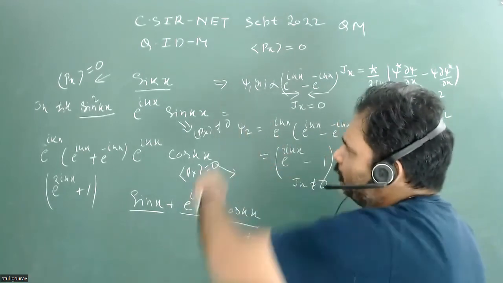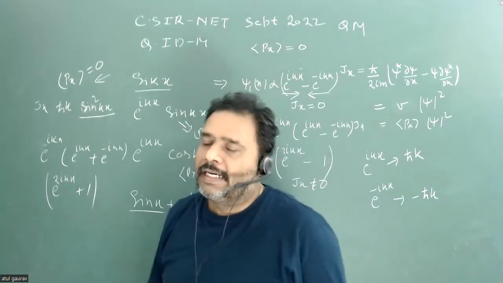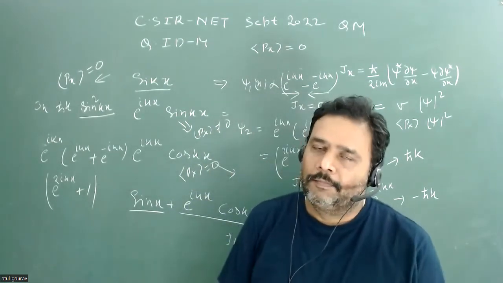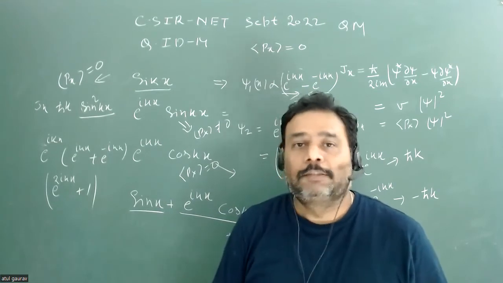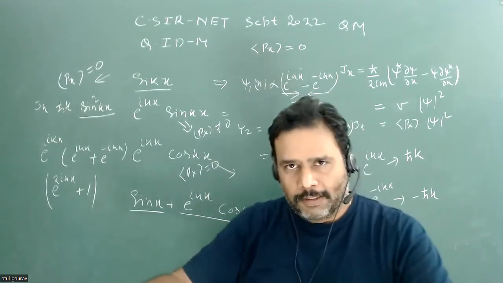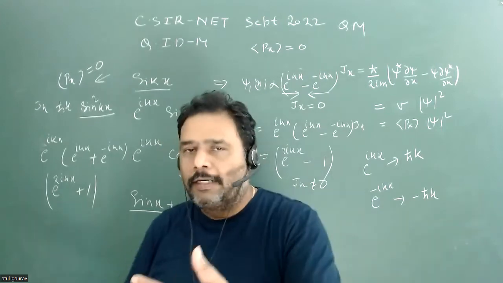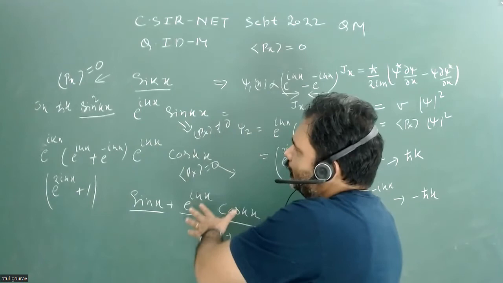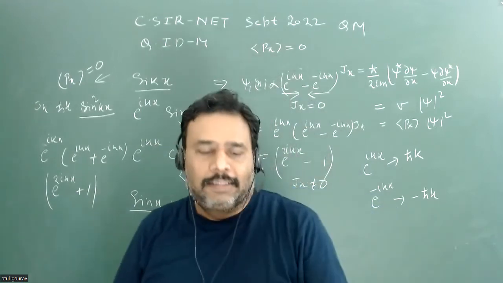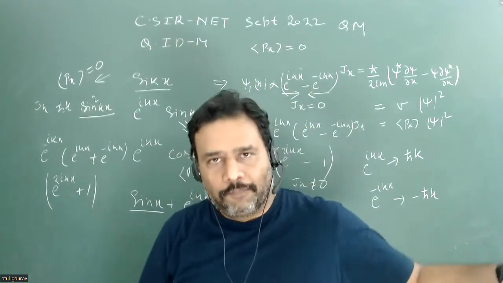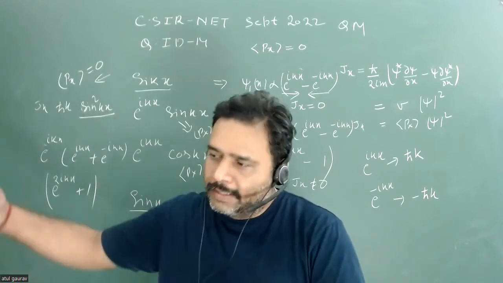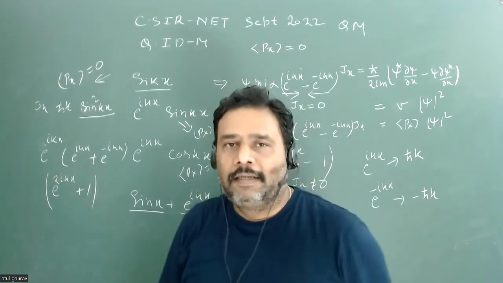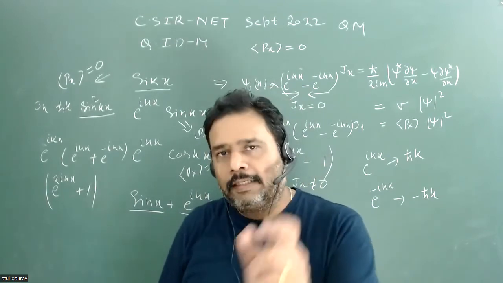So only option one, sin kx, has zero current density, as well as zero expectation value of momentum, because it is a superposition of two states, one incoming and another outgoing. In the others there is a different amount of incoming current and a different amount of outgoing current, so there is an effective current density, and that tells you there is momentum.